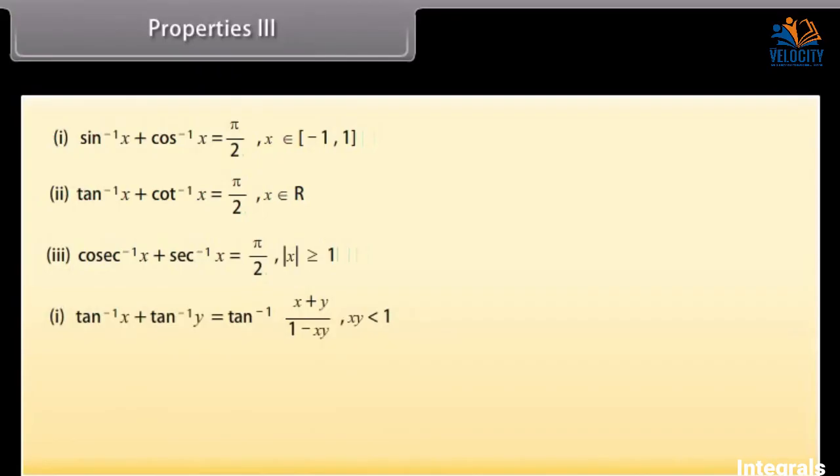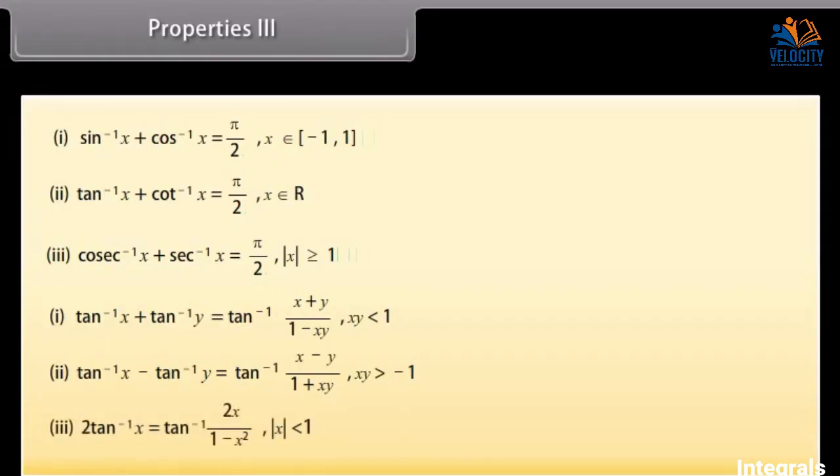Tan inverse x plus tan inverse y is equal to tan inverse of x plus y by 1 minus xy, xy is less than 1. Tan inverse x minus tan inverse y is equal to tan inverse of x minus y by 1 plus xy, xy is greater than minus 1.